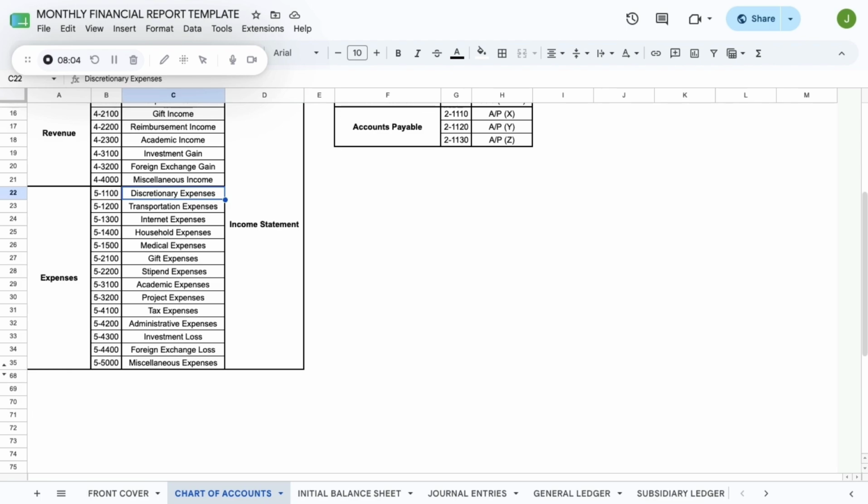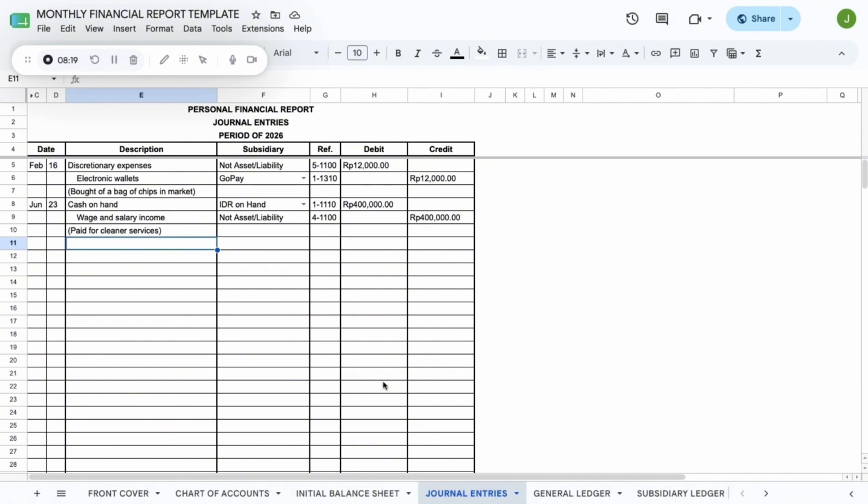I'll put the prompt below, so you can just copy and paste it in Gemini or AI, and below that you put in your transactions, and it'll just pop out what it would look like in a journal entry. So yeah, that's how you would use the journal entries.